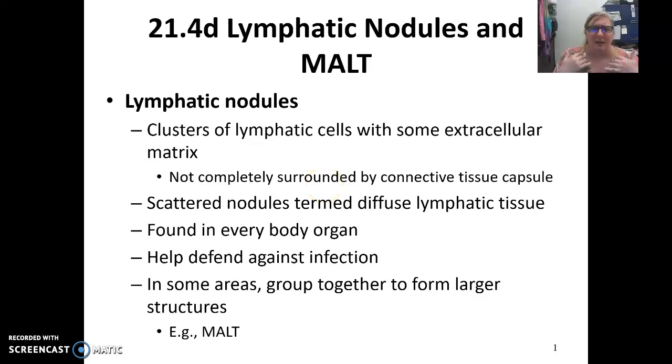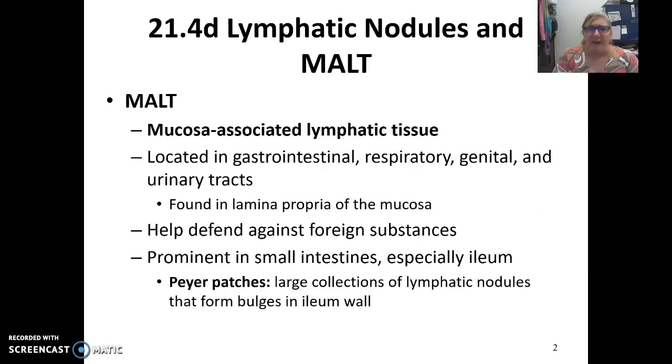They go in through the oral or the respiratory route. So we have these special structures, these nodules, found throughout our tissue, and in certain areas they form large aggregations called mucosal associated lymphatic tissue.